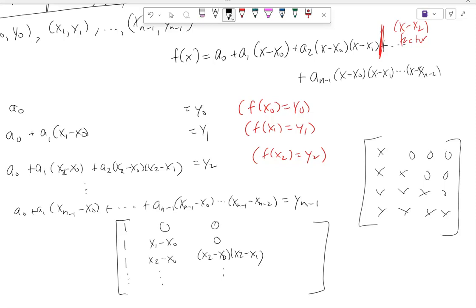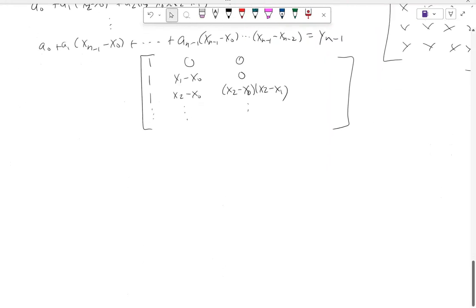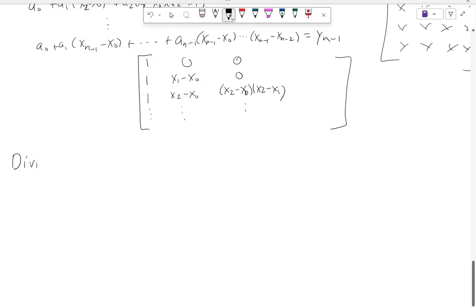Since we're actually setting it up in this specific form, we can come up with a nice formula that also allows us to do this quickly, either using Excel or Python or another computer program. And that's with the method of what's referred to as divided differences.